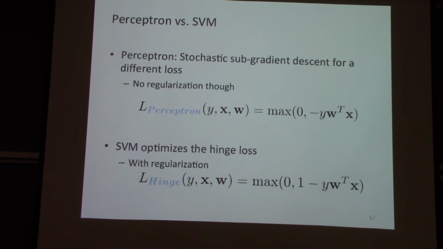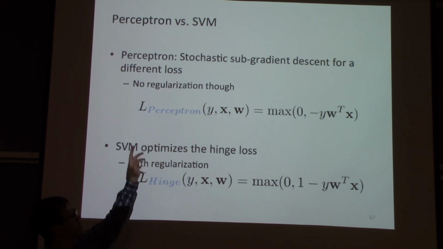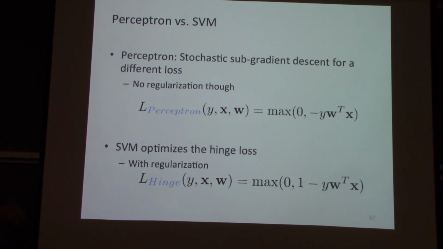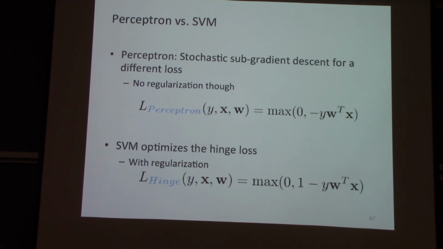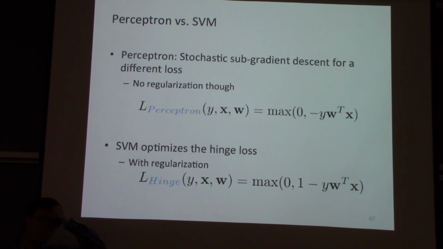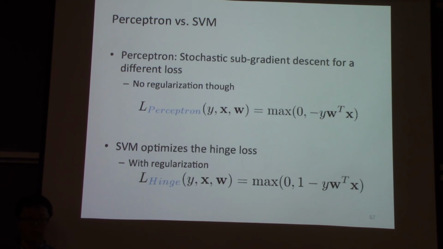So you will recover the perceptron update rule just by using SGD with the perceptron loss. So both perceptron loss and hinge loss can be used when you are doing loss minimization. If you are using perceptron loss, it will give you the perceptron update rule, which is the same as the perceptron algorithm. If you are using hinge loss with the regularizer, you will recover the SVM algorithm. So they are in the same general framework.